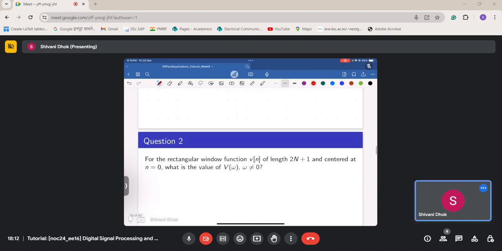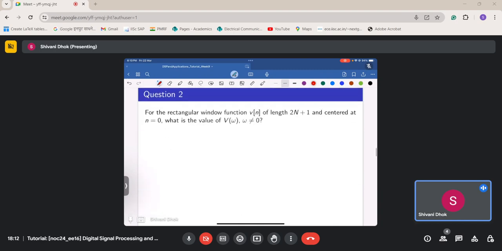Okay, so let's move on to the second question. The second question says that for a rectangular window function V of n, of length 2N plus 1 and centered at n equal to 0, what is the value of V of omega for omega not equal to 0? I'm repeating this question since this derivation was done in class.